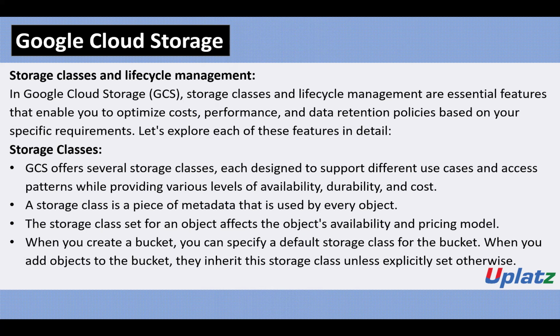The storage class set for an object affects the object's availability and pricing model. So when you create the bucket, you can specify a default storage class for the bucket. When you add objects to the bucket, they inherit this storage class unless explicitly set otherwise.